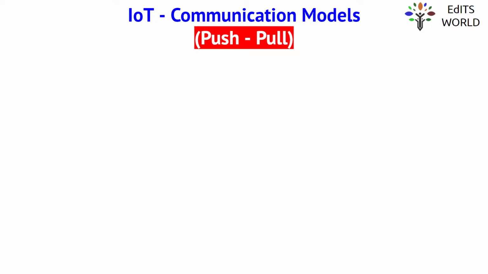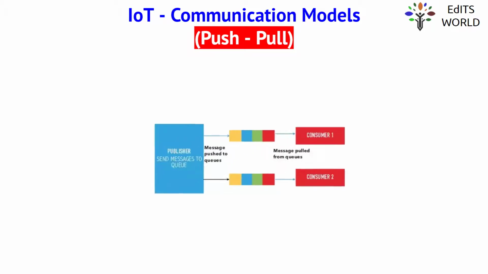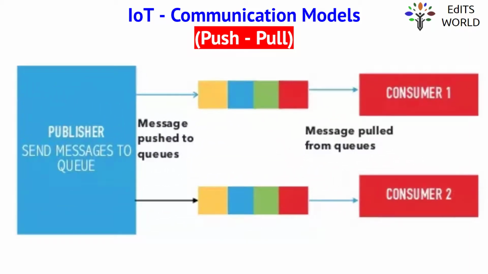Next, we will discuss push-pull in the communication model. This is required when one device is not properly synchronized with another device. That is, a publisher transmits multiple messages, and when this happens, they are held in a queue so that those messages don't get lost.